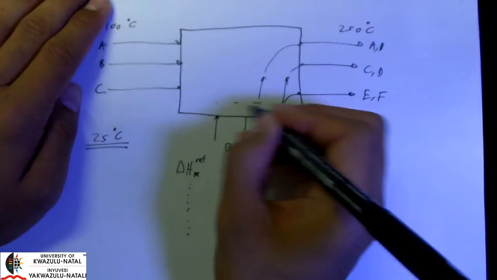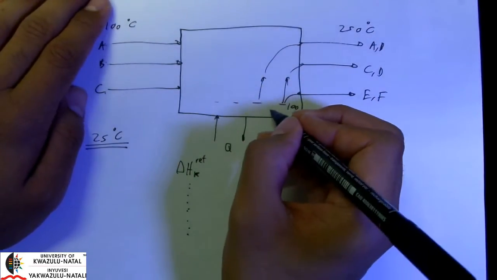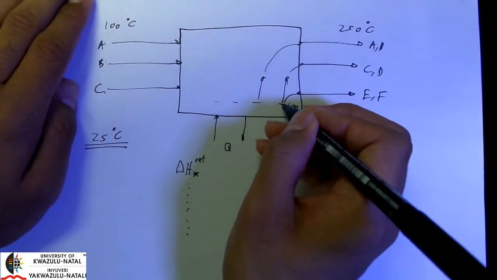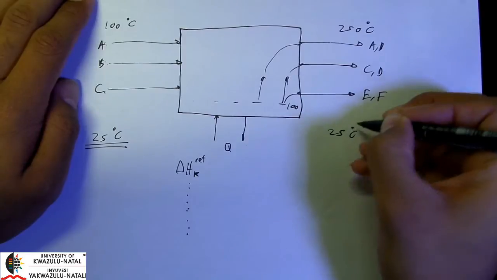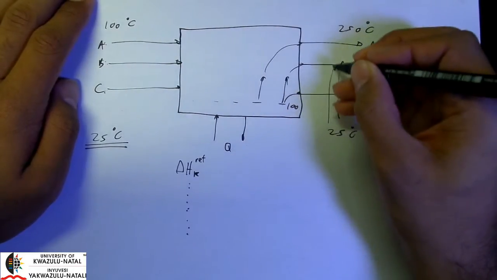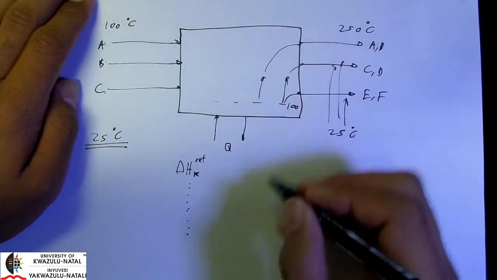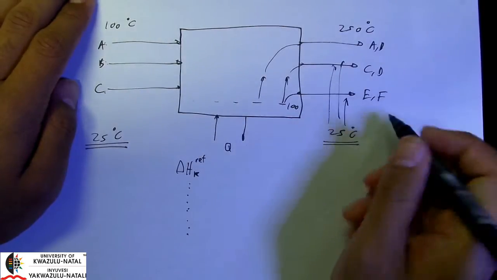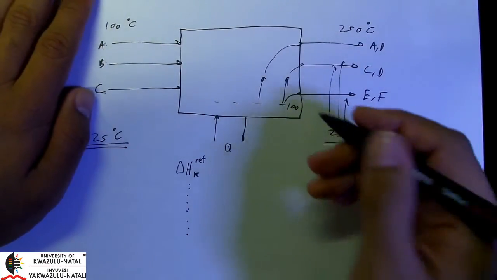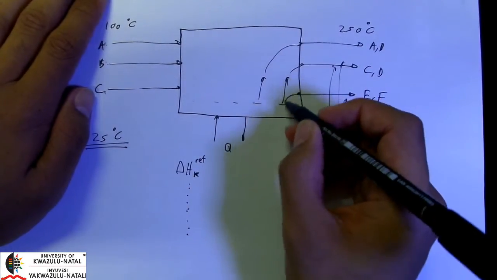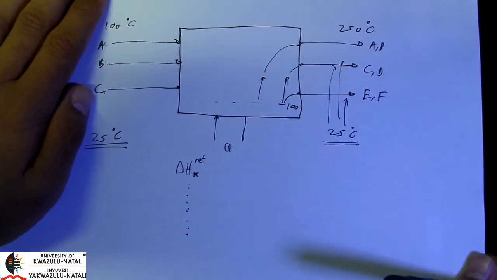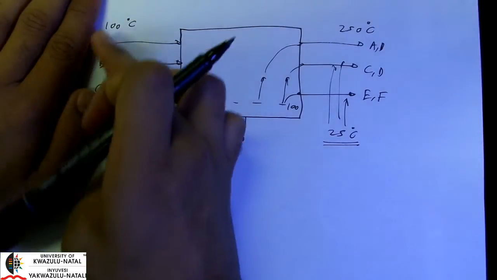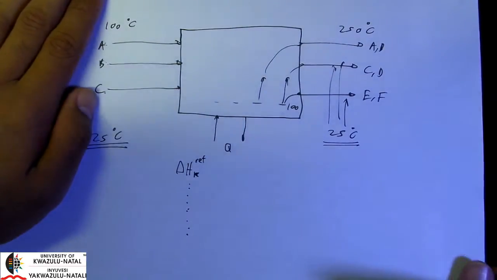The reaction as well will also be stated in reference to 25 degrees, and the products will be referenced to 25 degrees. And the reference is simply a case of using my CP values and my heats of vaporization if necessary to get from my input to my output temperature.